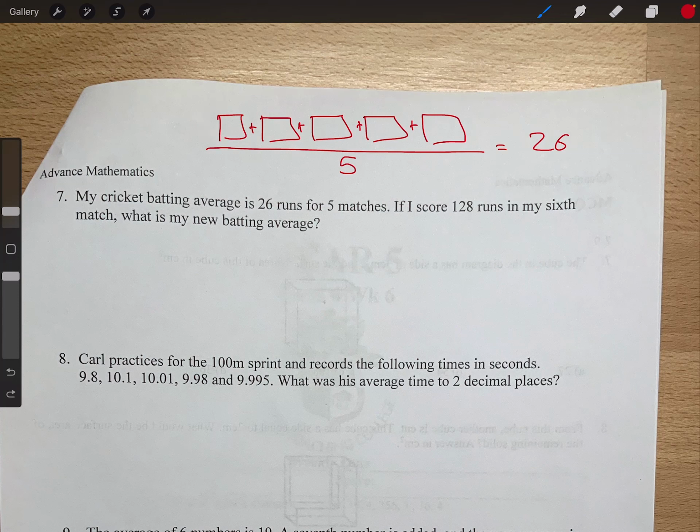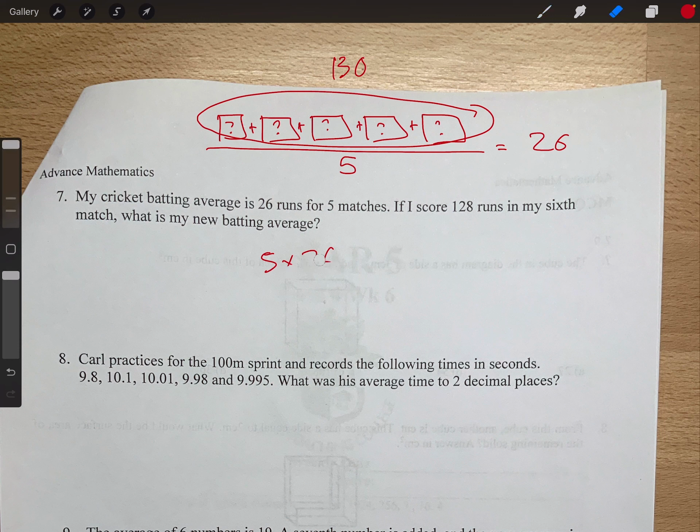We don't know how much each match is individually, but we can work out the total of the 5 by working backwards. So the total divided by 5 is 26. So let's do 5 times 26 and you get 130. And you can see that 130 divided by 5 is indeed 26. So all of these 5 matches must add up to 130.